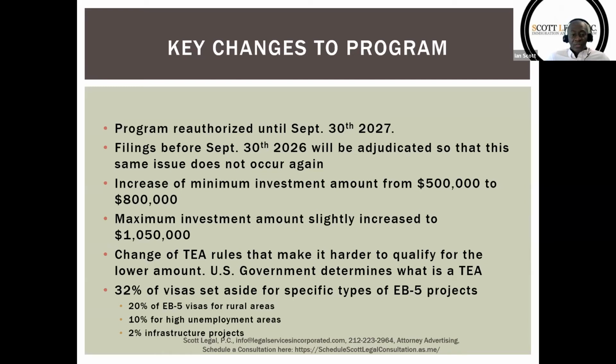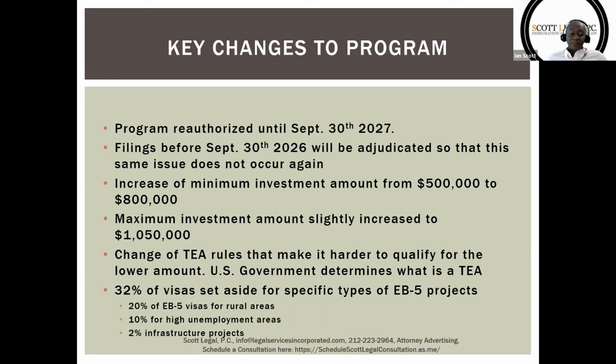And then one other big change is they set aside a number of different areas. What happens is that 10,000 of these green cards are issued every year. For most countries, it doesn't matter because they don't ever reach the cap. But some countries do, like China. When they reach that cap, the people are put in a queue, so they may have several years to wait before they're eligible.